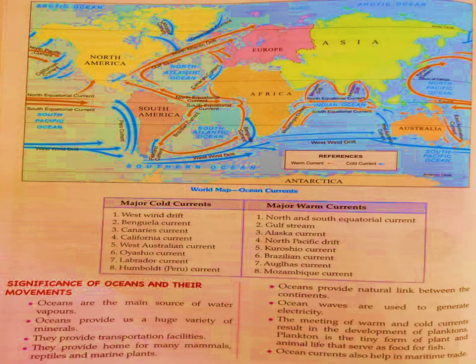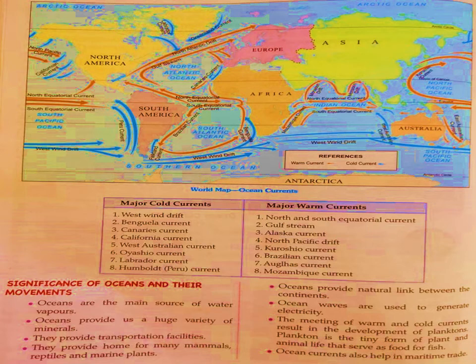The meeting of warm and cold currents results in the development of planktons. Now what are planktons? Plankton is the tiny form of plant and animal life that serves as food for fish, and that is the reason these areas are ideal for fishing.